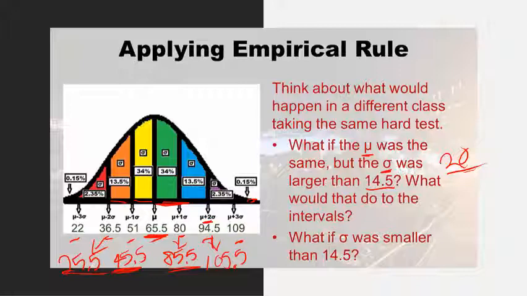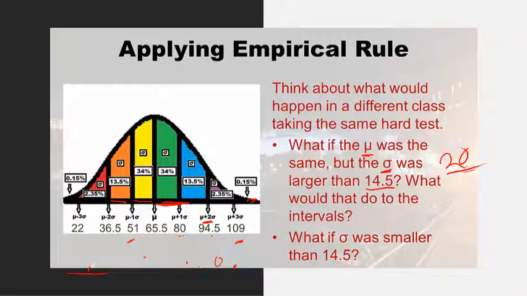Now what would happen if your standard deviation was smaller? I'm pretty sure you can guess that the opposite effect would happen. If your standard deviation were 10 instead, your 65.5 would be the same, but your first upper limit would be 65.5 plus 10, which is 75.5.